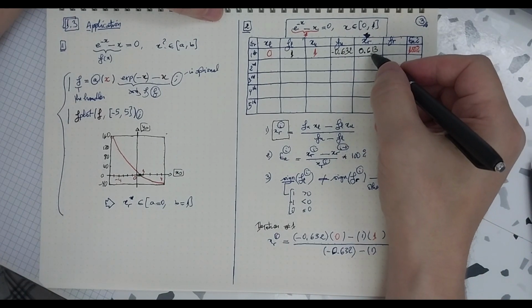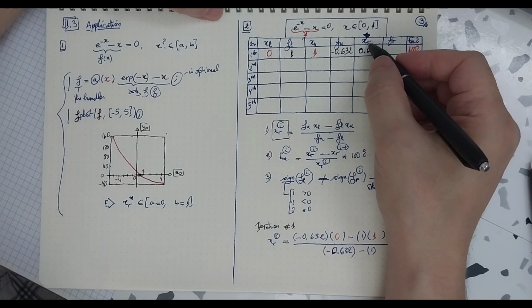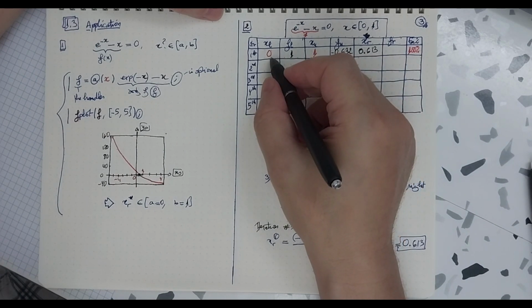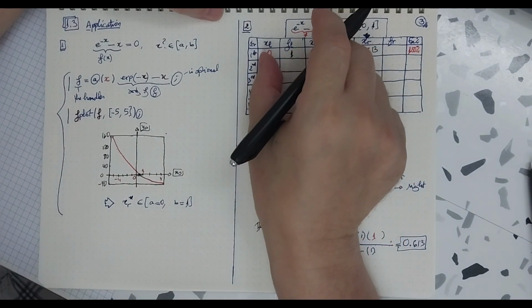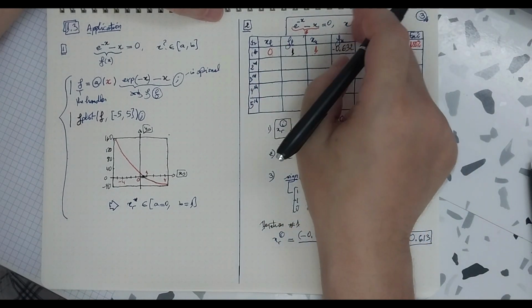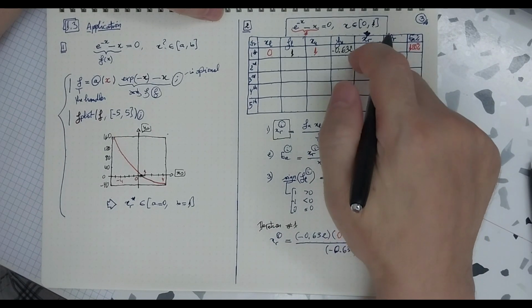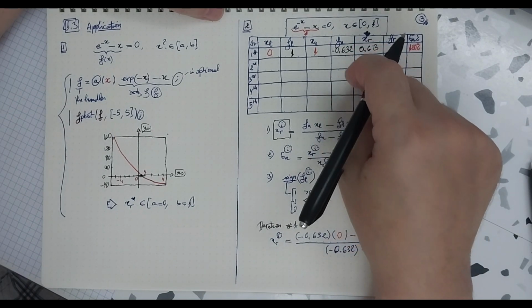And here also it's important that your XR should always be between 0 and 1. It's bracketed by this interval, by 0 and 1. In all iterations, always check XR is bracketed.